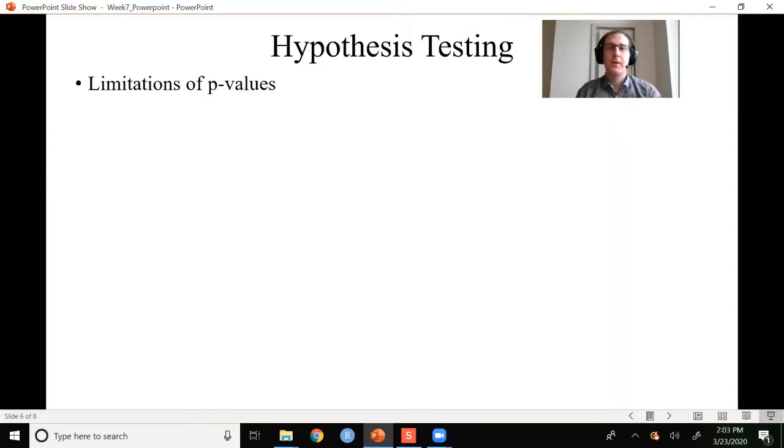So there are some important limitations to p-values. They're used all the time. They might be the single most used things in statistics across almost any part of science. But one thing is that these decisions that are made about whether you believe that the null hypothesis is supported and should be retained, or if it should be rejected and you should take up the alternative hypothesis, that's only one decision or another.